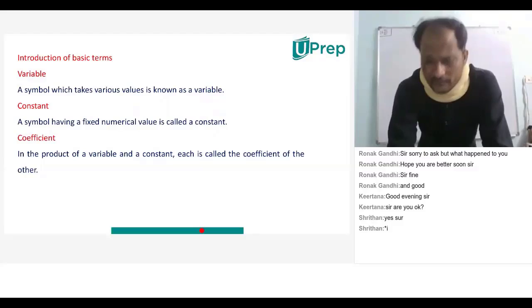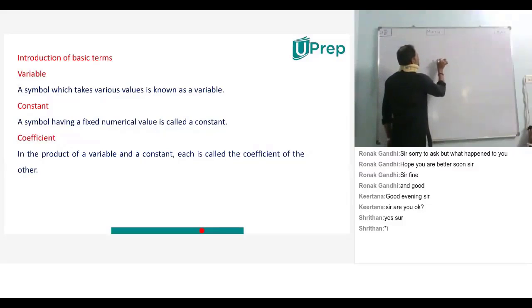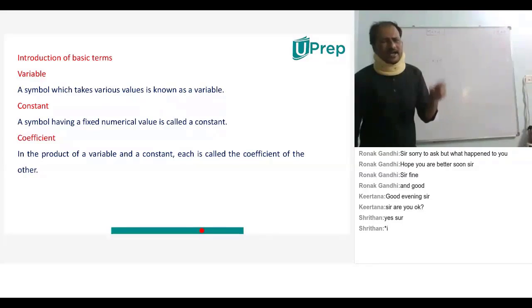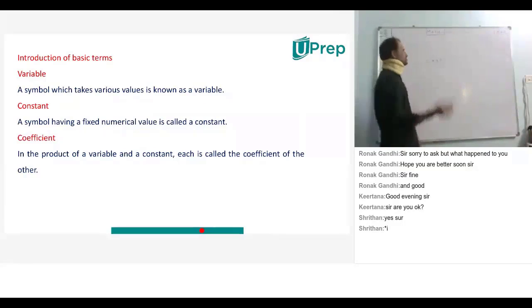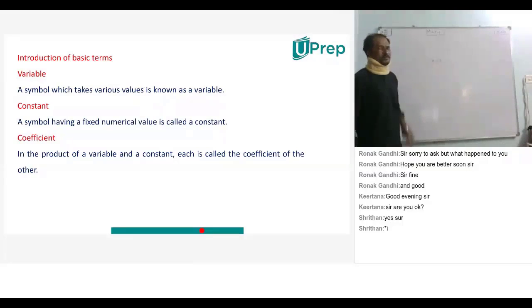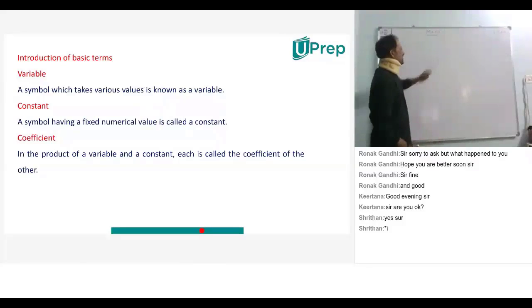Now what is the coefficient? For example, I will write 5xyz. This is the product of a constant with variables, and each of the things will be called the coefficient of the others. What is the coefficient of z? 5xy. What is the coefficient of y? 5xz.